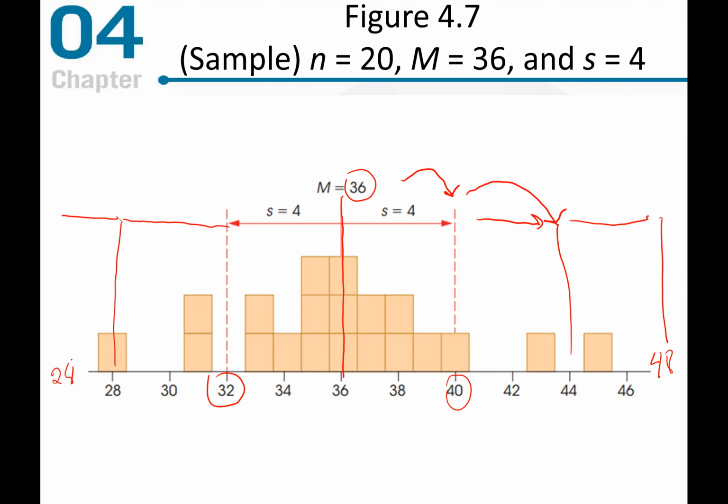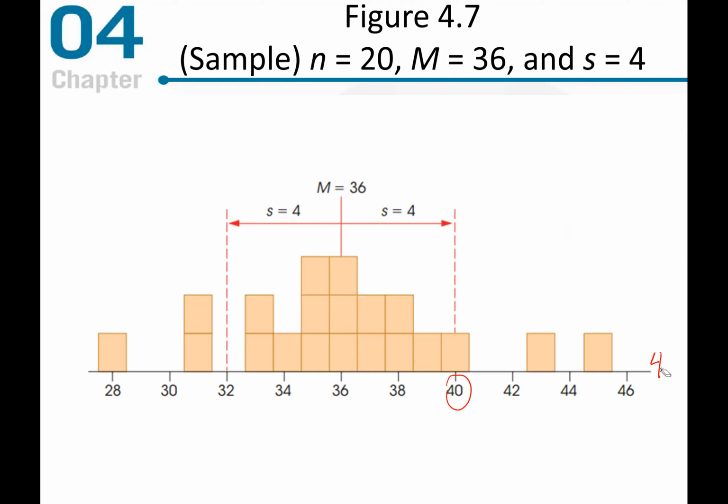All right. Now, some rules of thumb that we're going to work on more in the chapters to come. With this concept of standard deviation, as a rule of thumb, 70% of the scores in any normal distribution, whether it's a population or a sample, are located within a distance of 1 standard deviation from the mean.